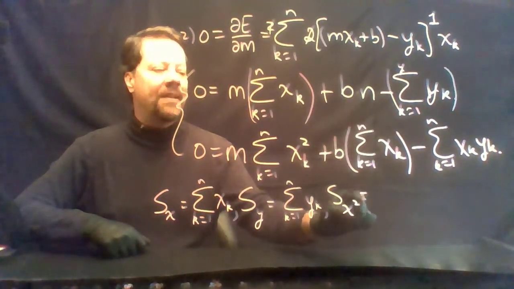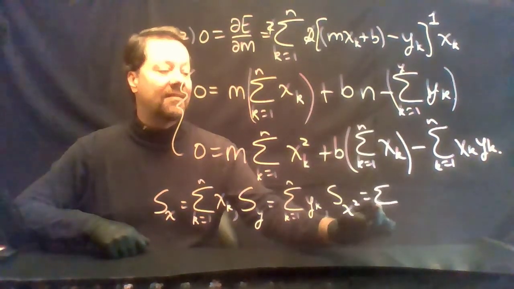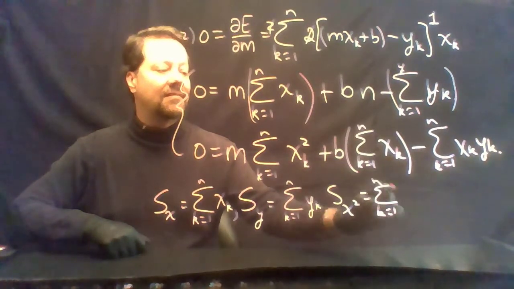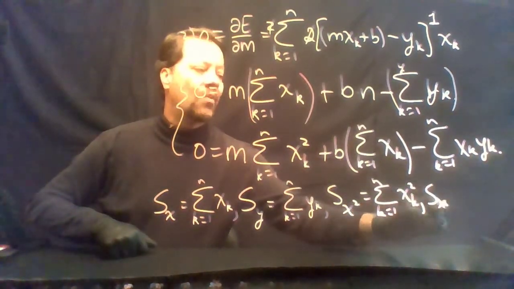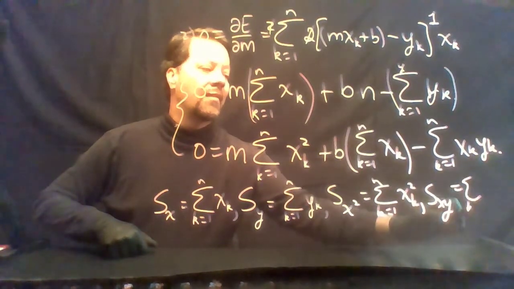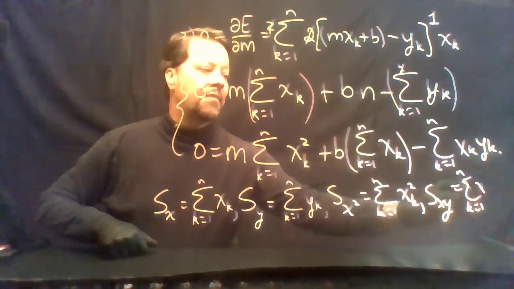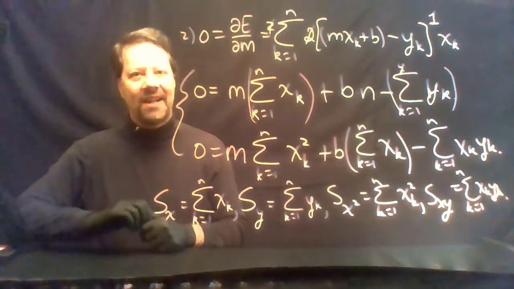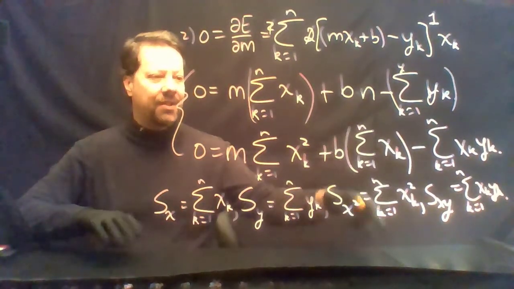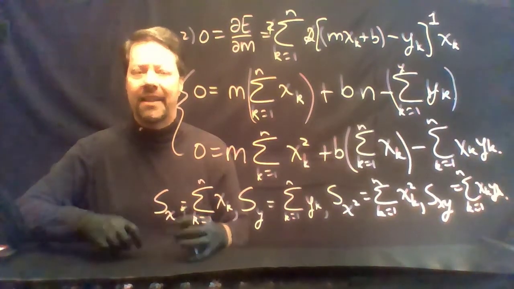Sx squared will be the sum of the x squareds. And Sxy is the sum of the x times y's. Writing the equations with this notation gives us a lot of simplification.